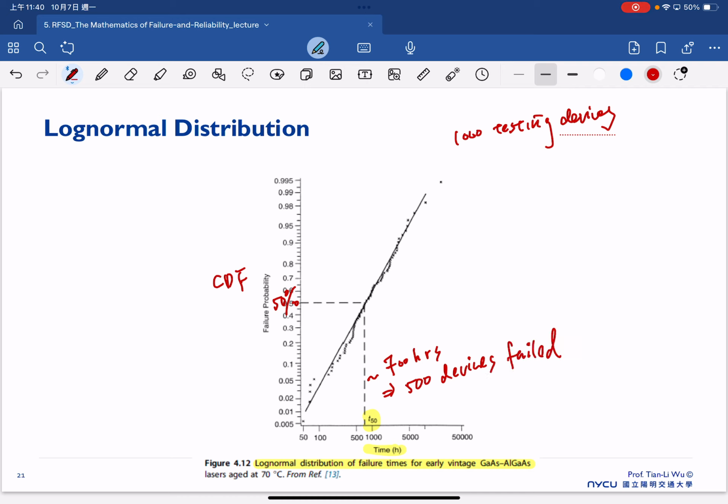So this is the meaning of T50: when you test up to this time, 50% of your devices fail.